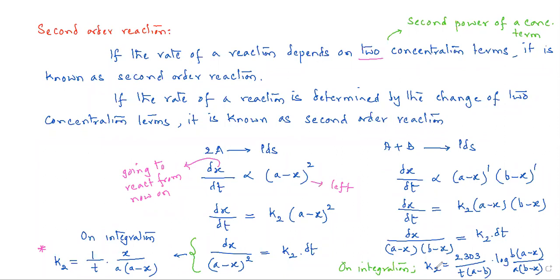Okay, so that is the expression for the second order rate constant when two different reactants are taken, in which case the rate depends on the first power of their concentrations.